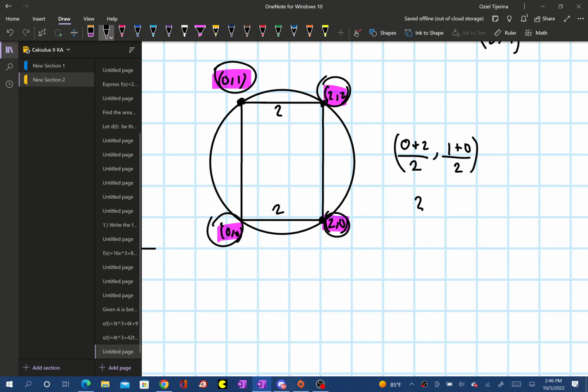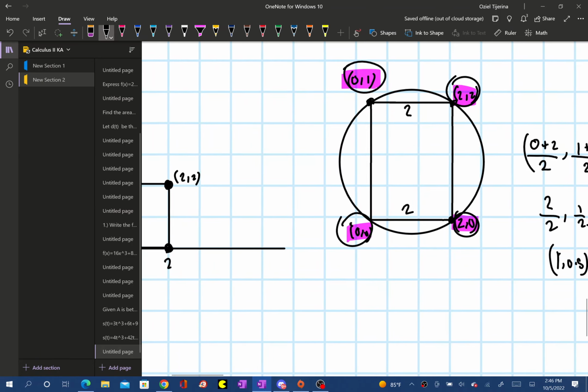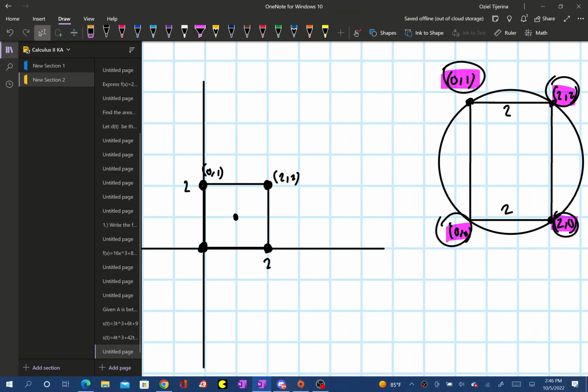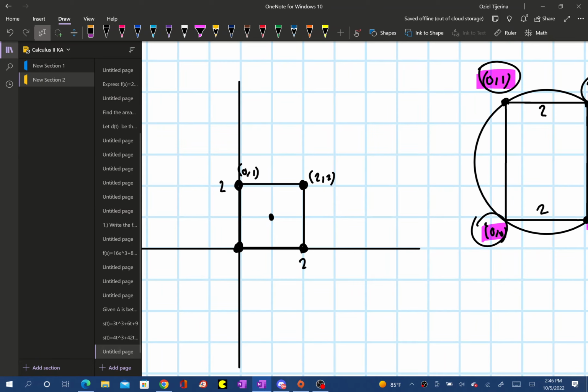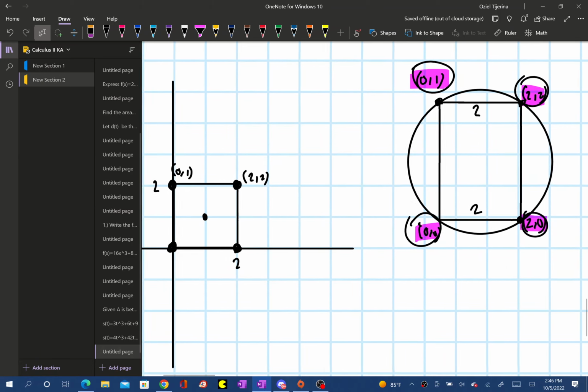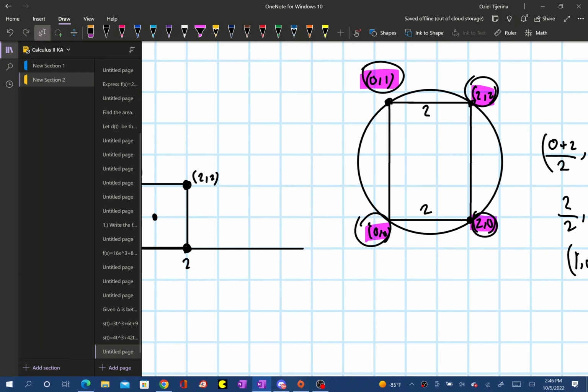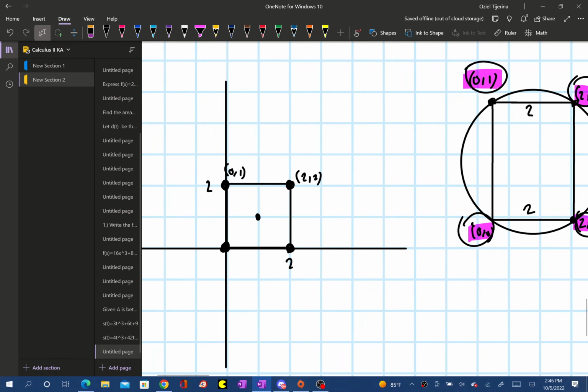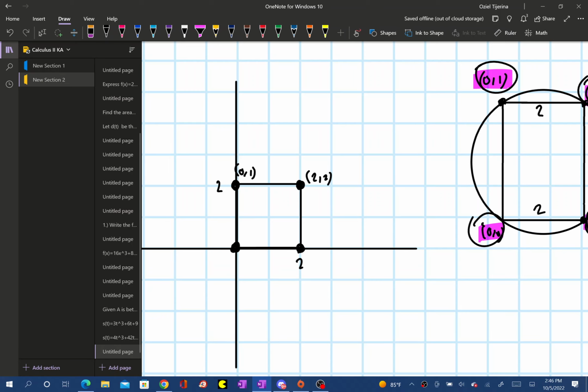This is 2 over 2, comma, 1/2, which is 1, comma, 0.5. That would be the center of the circle. Now, let's see here. So it's actually not at 1, comma, 1. It's at 1, comma, 0.5.